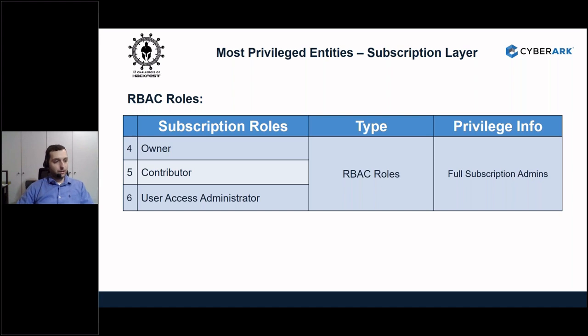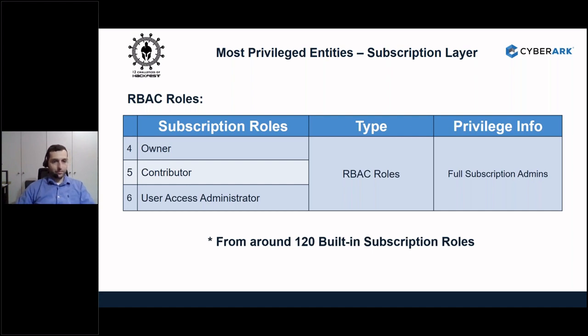And there is, you can see the sixth here, a user access administrator. This role is dangerous because it doesn't have any permission except the permission to change the permissions of others, right? So of course, it has a great place in our list.